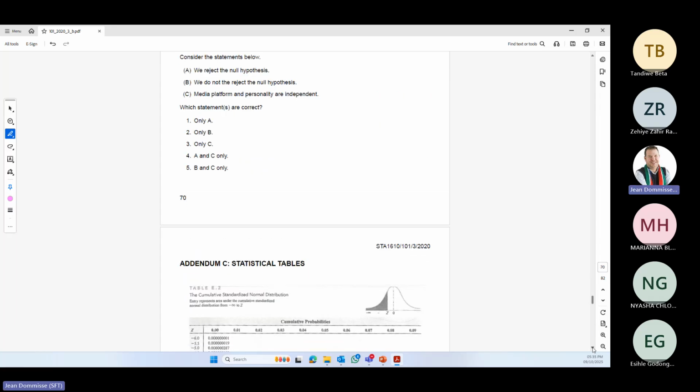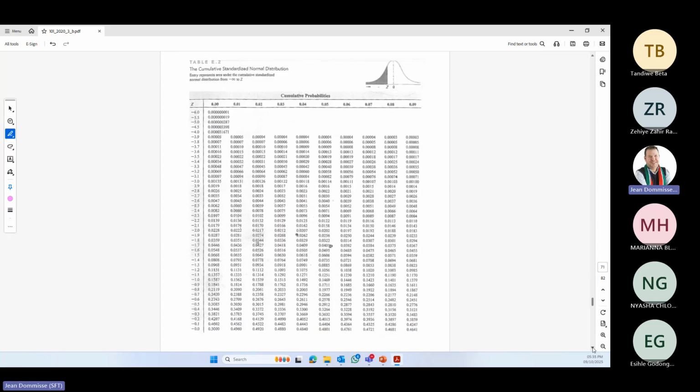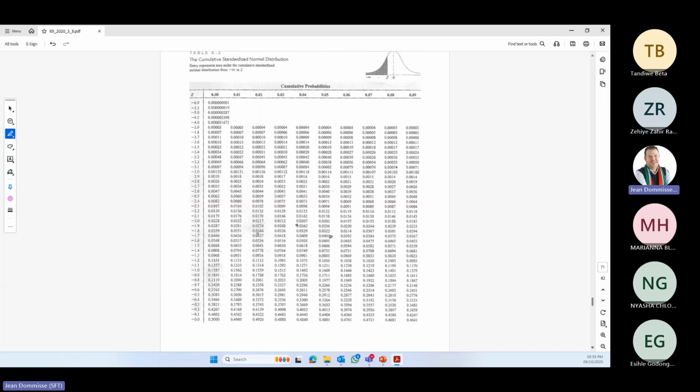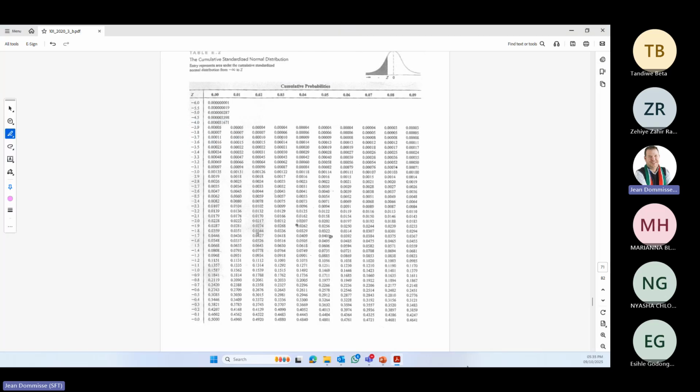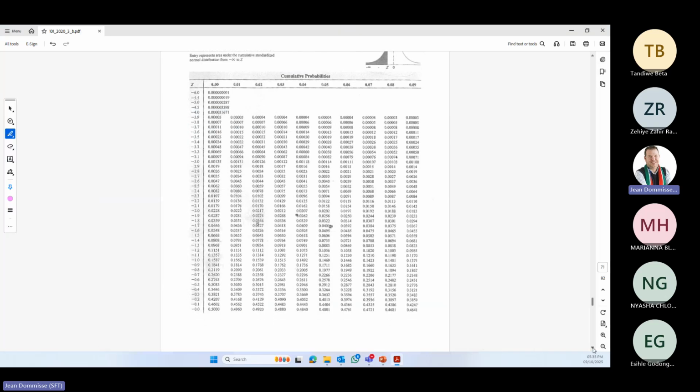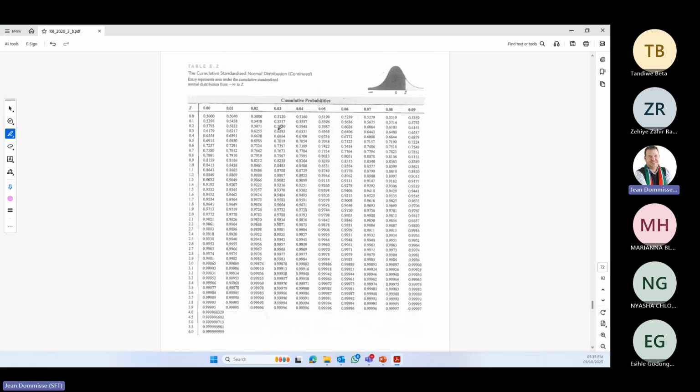But also part of this was the tables. So let's quickly see. We wanted to get Z smaller than 0.06. We go to a positive table, 0.06, sure. Okay, 0.5239.